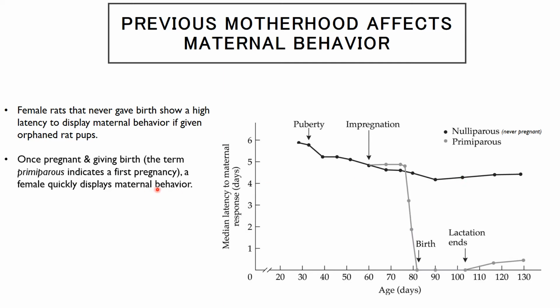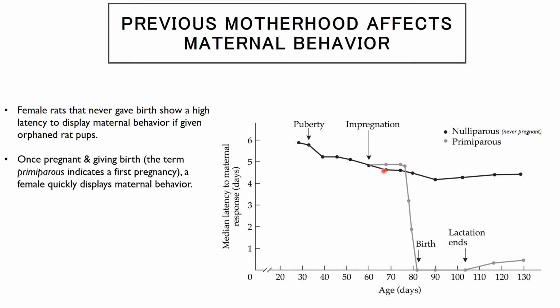Once pregnant and having given birth, the term primiparous indicating first pregnancy, a female rat will quickly display maternal behavior. At this point the groups are the same, right? They didn't get the rats pregnant very early on. At day 60, they split the rats into two groups, where some of the rats were pregnant and some were not. You can see that when pregnant, it still takes a long time for the primiparous rats to show maternal behavior.